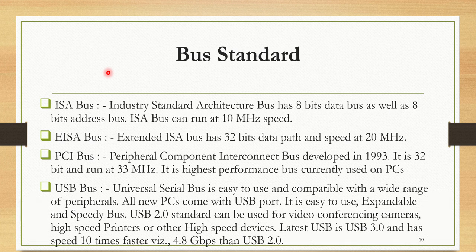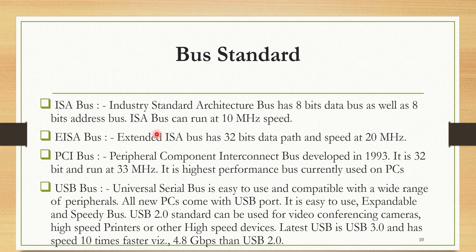Depending on the system bus size, the motherboards have standards. For example, the 8-bit motherboards are called ISA bus, ISA motherboards. ISA is the industry standard architecture bus, which has an 8-bit data bus as well as an 8-bit address bus. The ISA bus can run at 10 megahertz speed.